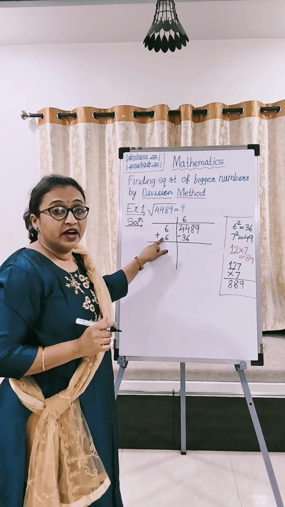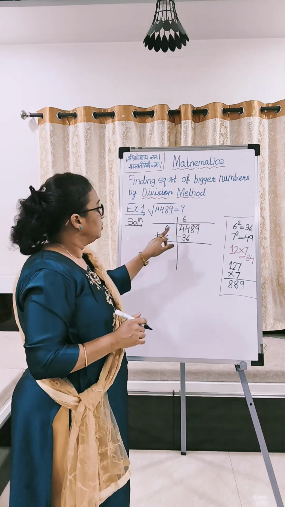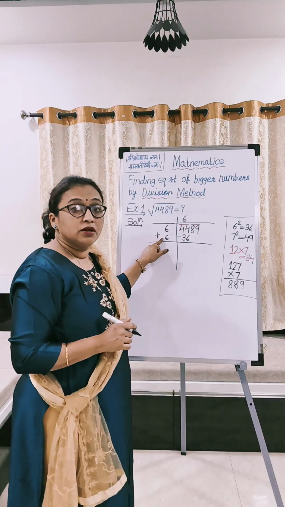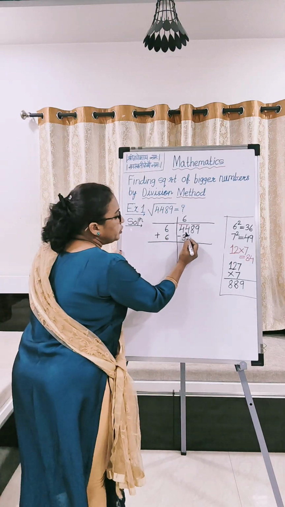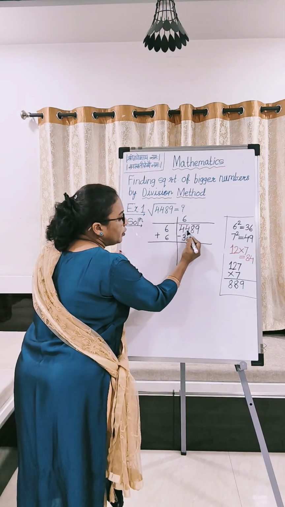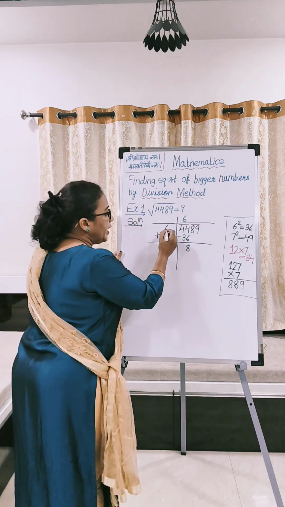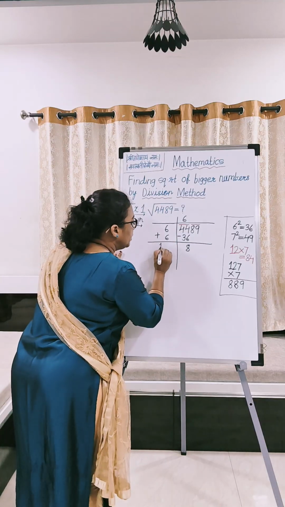So we are going to write 6 three times. Then we subtract 36 from 44 and get 8 as the answer, and here we add these two 6s, so that becomes 12.